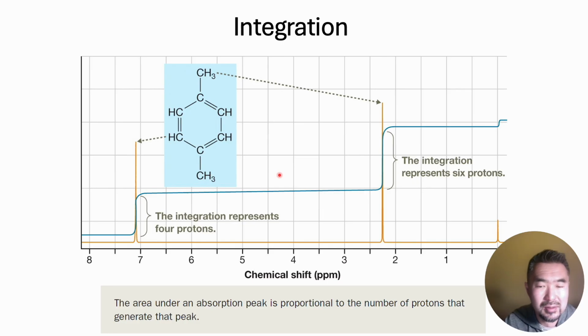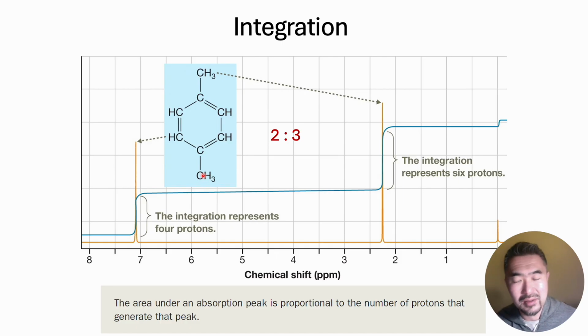And guess what the ratio should be? It should be 4 to 6, or a 2 to 3 ratio of integrations. Okay, hope that makes sense. And in the next video, we're going to talk about the last factor of NMR, which is the splitting patterns, as well as carbon NMR.